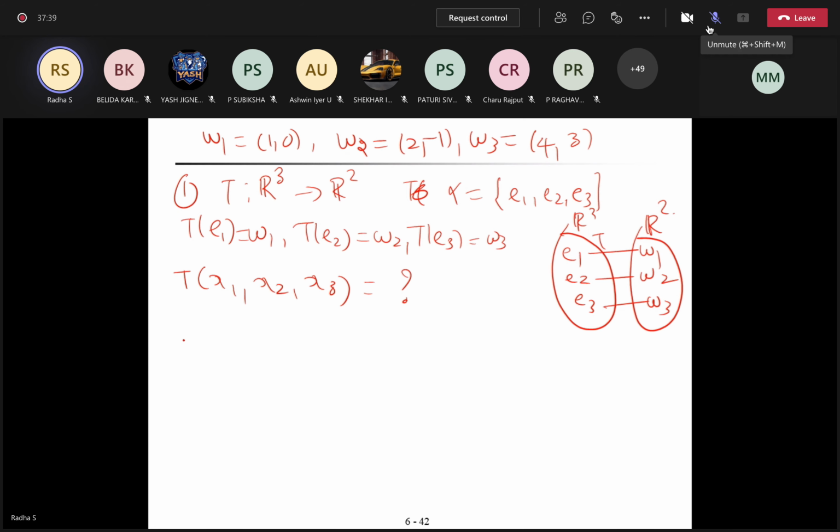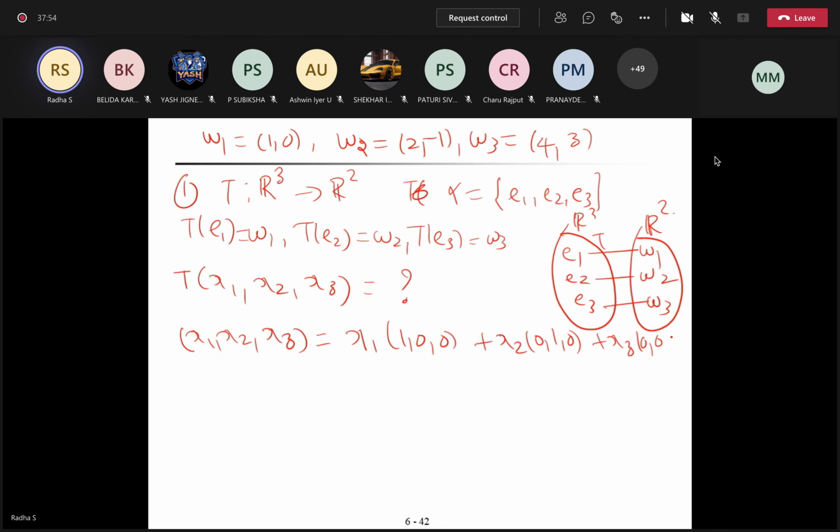This is very simple. Ma'am, can we do it using linear combination? This is nothing but x1 into 1, 0, 0. So T of x1, x2, x3, I need only this, right?